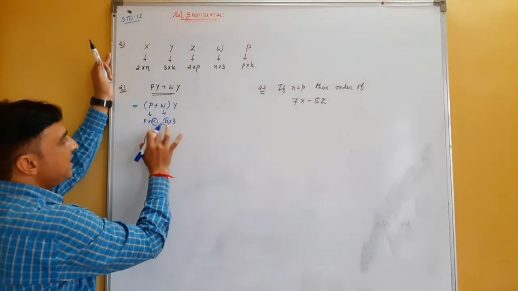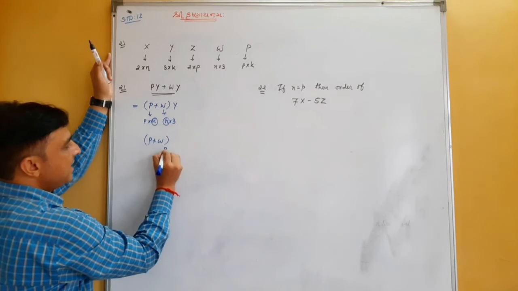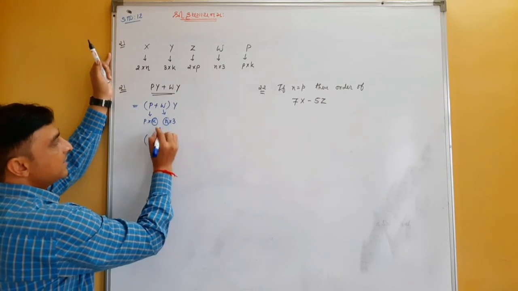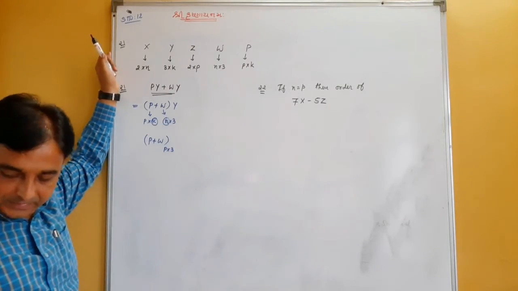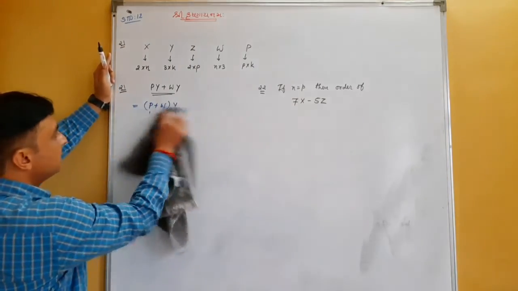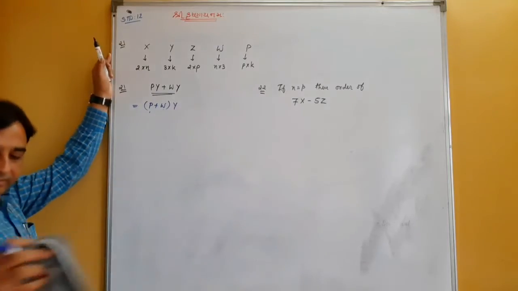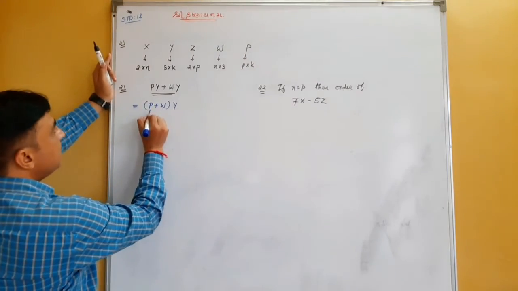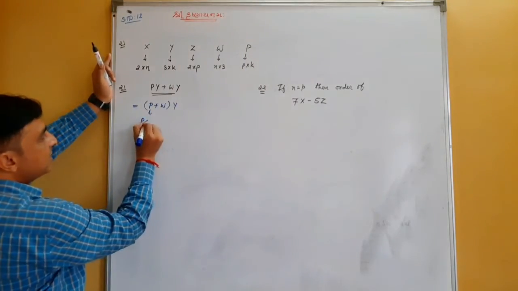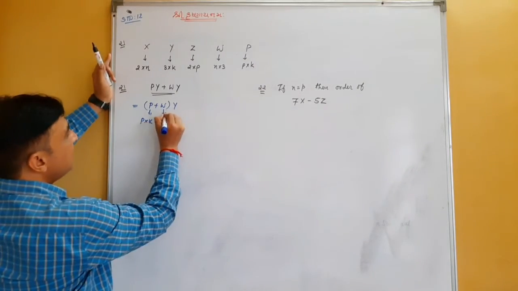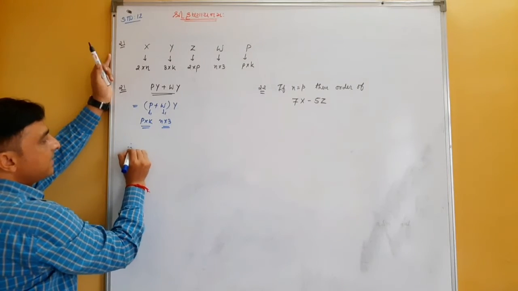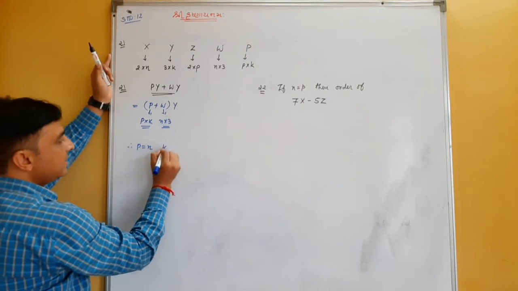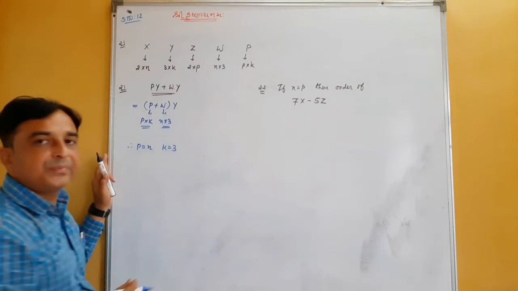P plus W will be P cross 3. P is a matrix of P cross K and W is N cross 3. This must be the same. That means P equal to N and K equal to 3.